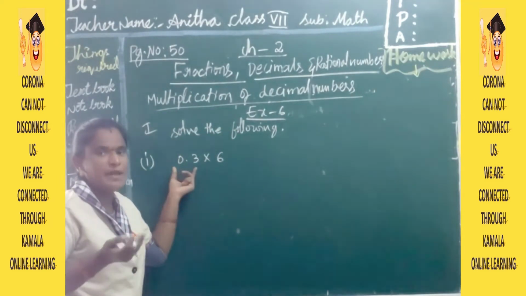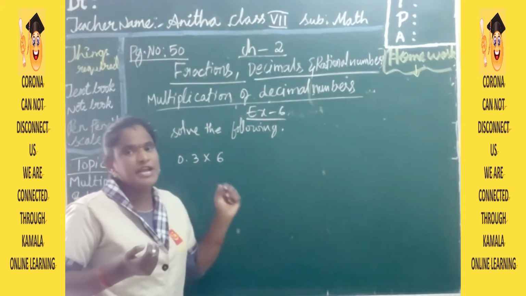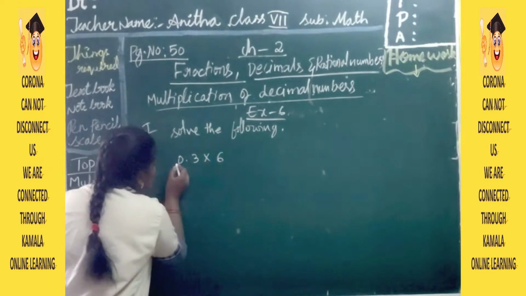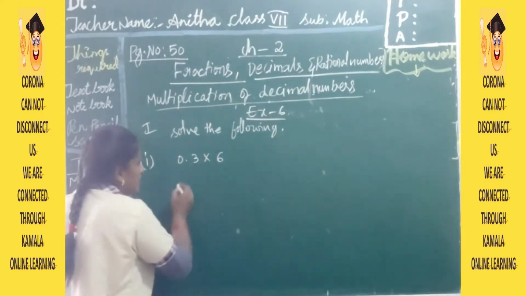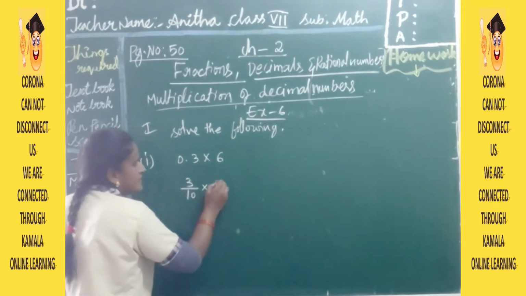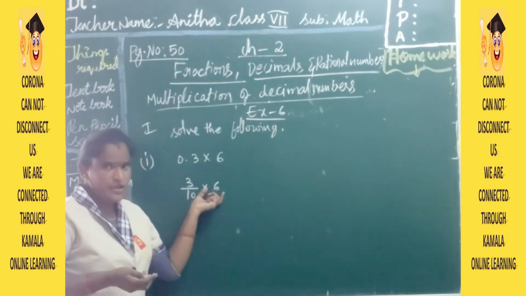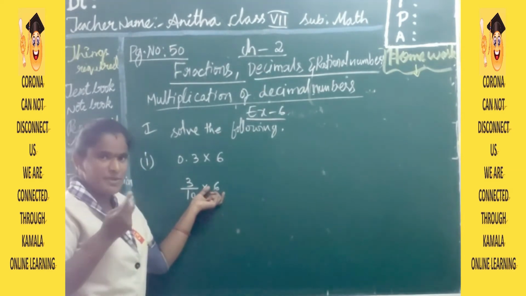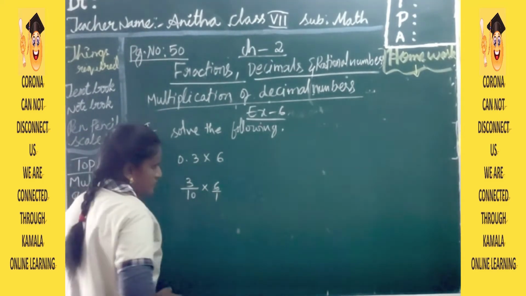A decimal number can be converted into a fraction. So 0.3 can be written as 3 by 10 into 6. Here it is a single digit only. This is a whole number only. Keep it like that. Next, 6 can be written as 6 by 1 also.